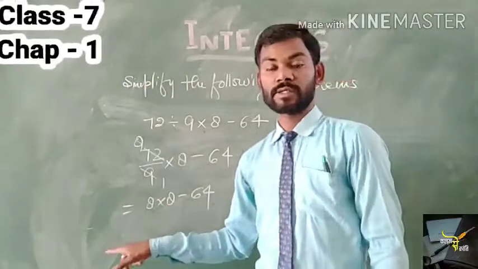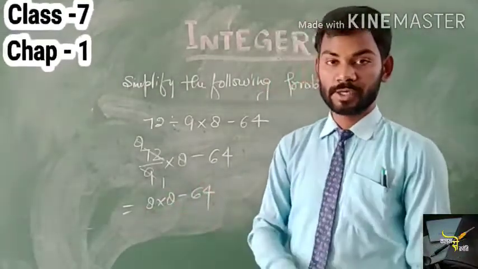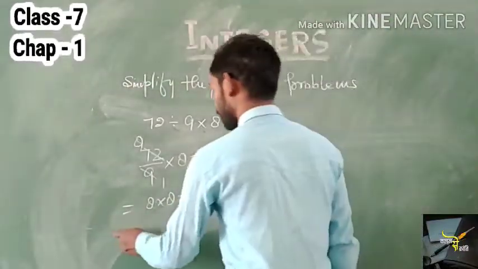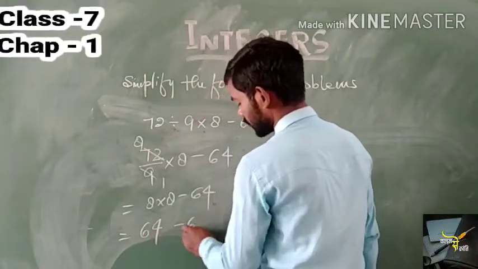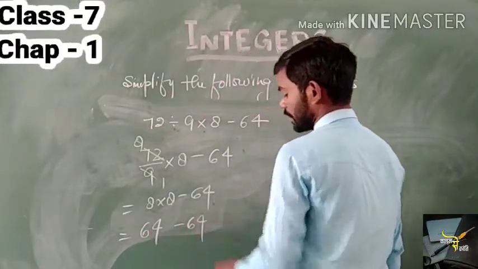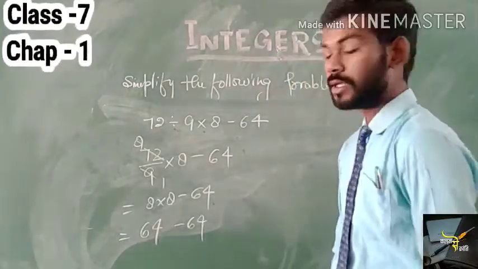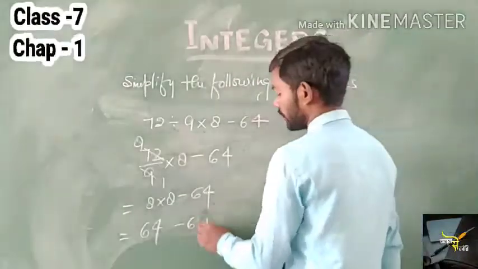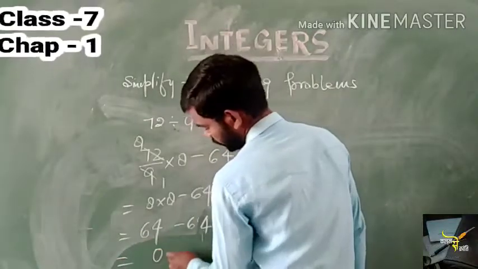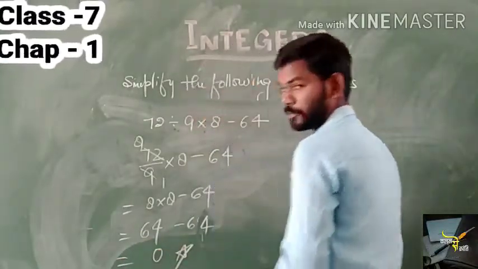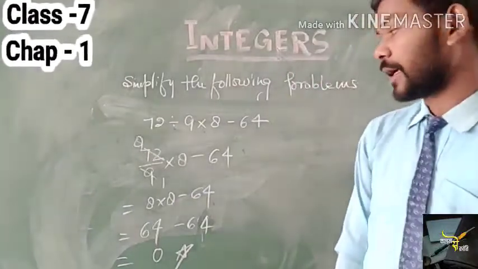Again, in the next step, we shall multiply. So here we get 8 eights are 64, minus 64. And at last, we shall subtract. So when we subtract, we get 64 minus 64 is equal to 0. Therefore, 0 is the right answer.